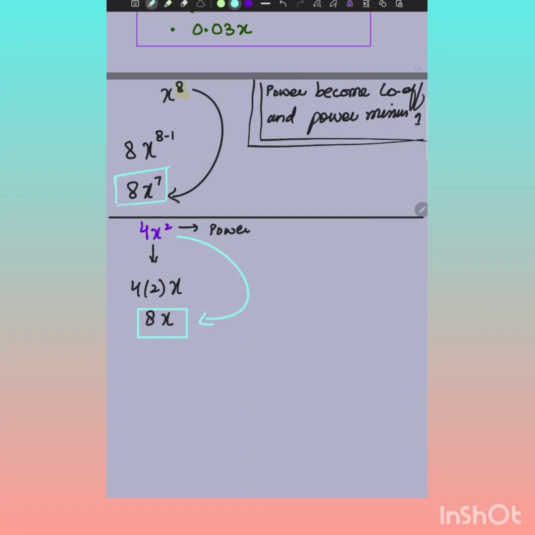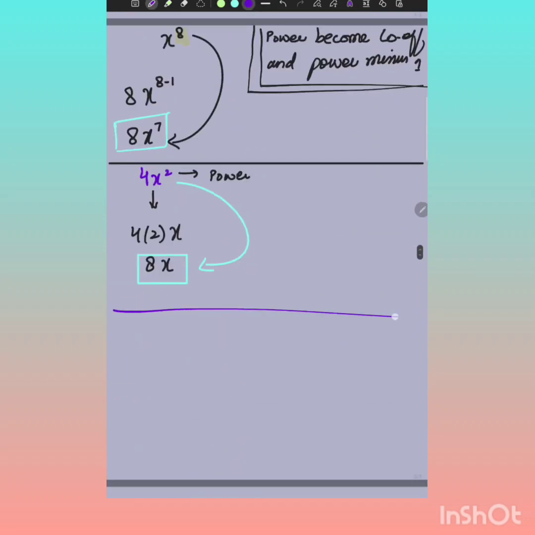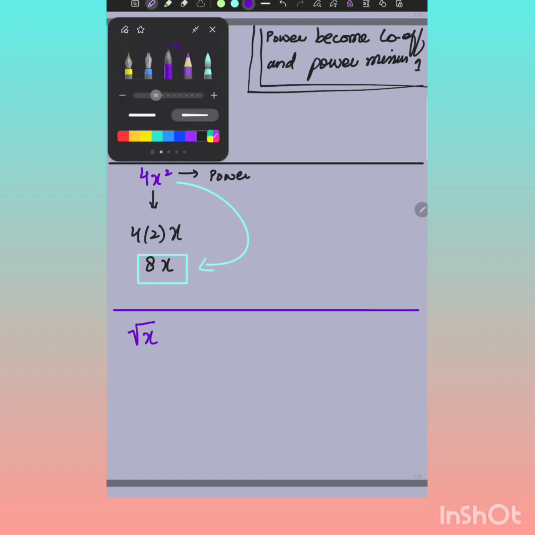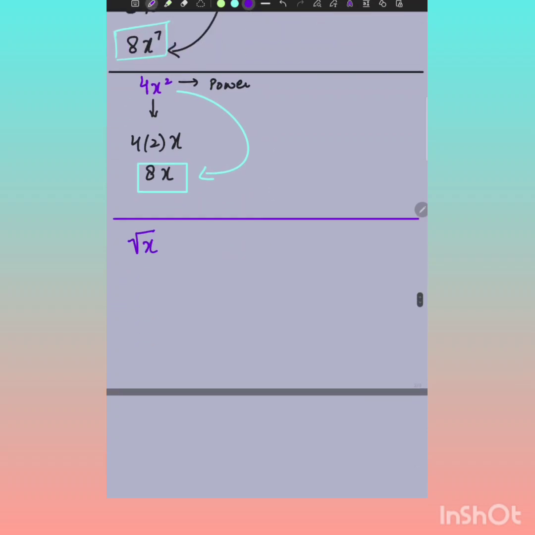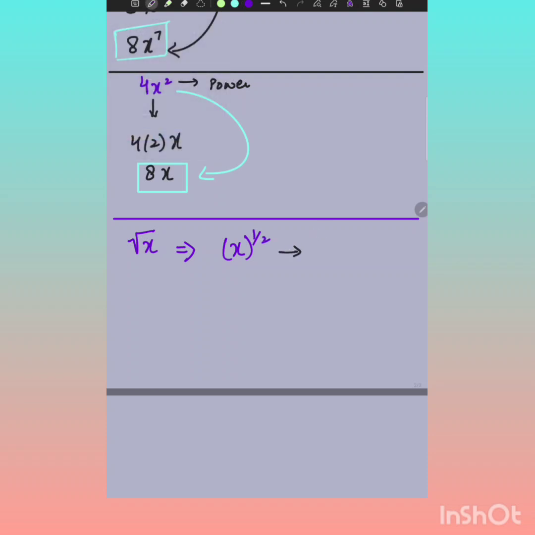So now come to the next question, which is root x. Under root x, we're gonna start. We can write under root x as x to the power 1/2, and when this half becomes the coefficient, we take the subtraction of half minus 1, so it will become minus half.